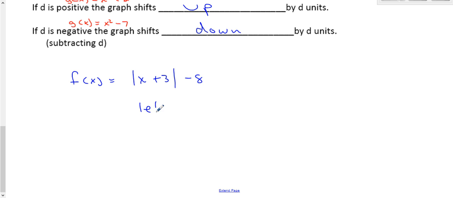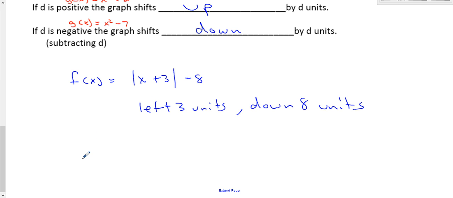So this is left by 3 units. And this minus 8, because it's on the outside, is going up or down, and we do exactly what it tells us. Minus 8 would go down, so we are going down 8 units. And that is my description of the shifting or transforming of this function.